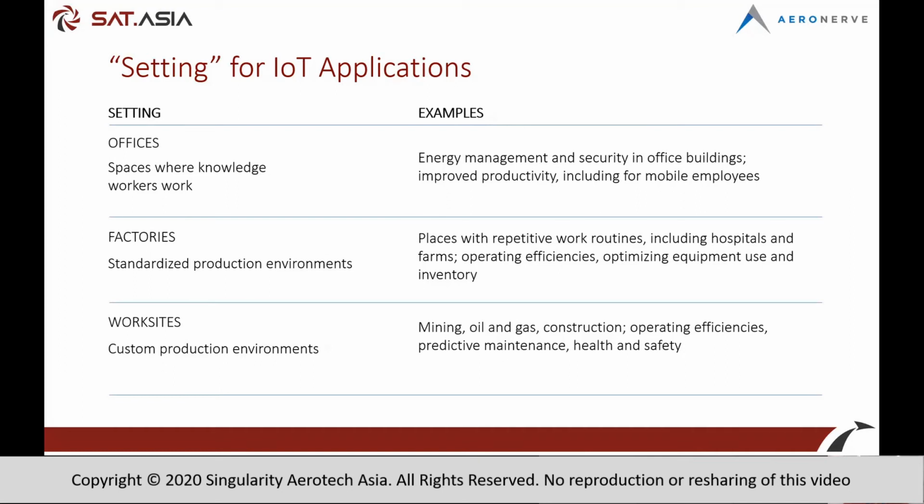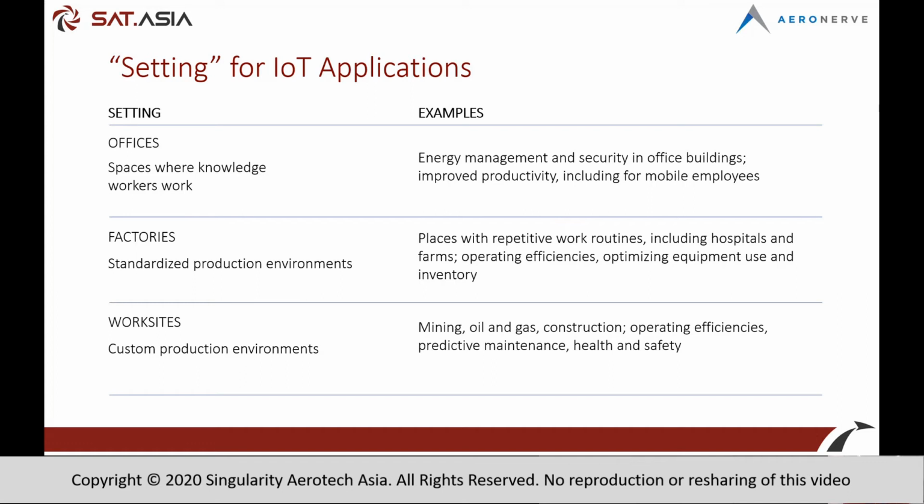It's also limited to maintenance, for example. What we are most concerned about with factories is mostly operating efficiencies, optimizing equipment usage, and also inventory. So these are some examples of how IoT helps in terms of getting value in factory settings.